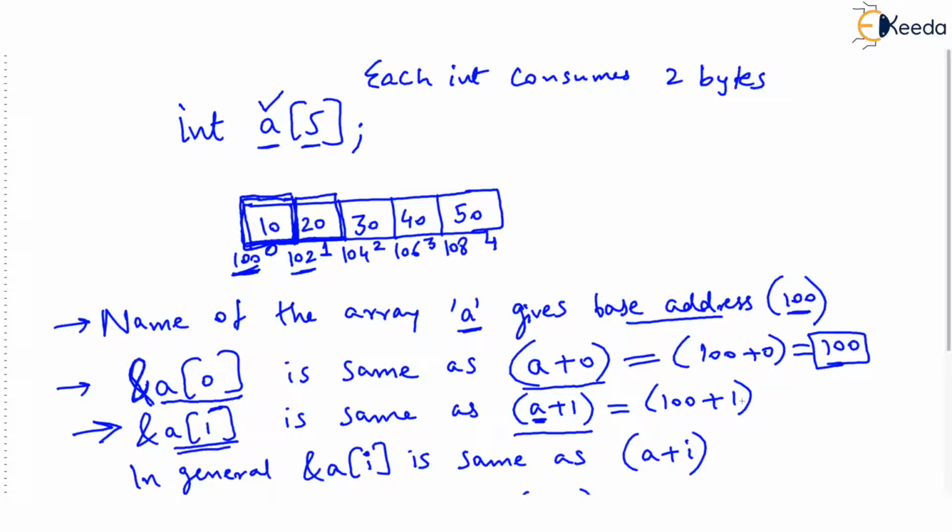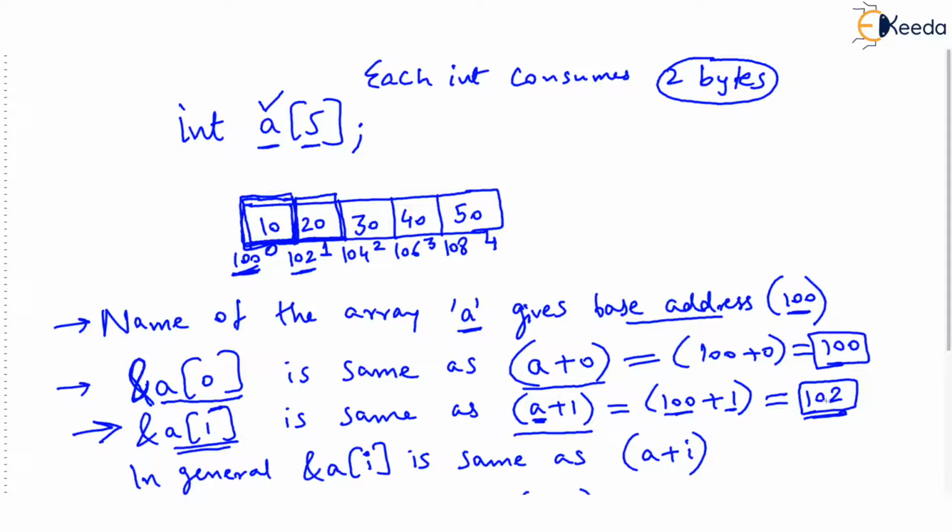But please try to understand A is pointer to an integer array. So it is basically an integer pointer. And if you increment this integer pointer by 1, then it will get incremented by 2 because every integer is consuming 2 bytes. So the result of this won't be 101, it will be 102. And this indeed is the address of first element, that is A1.